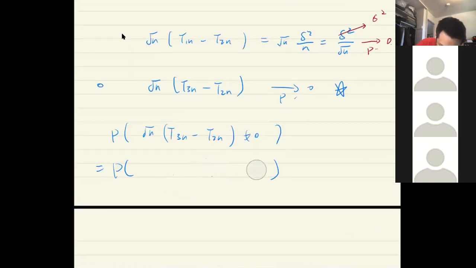So this is equal to the probability of S bar square minus S square divided by n being smaller than 0.